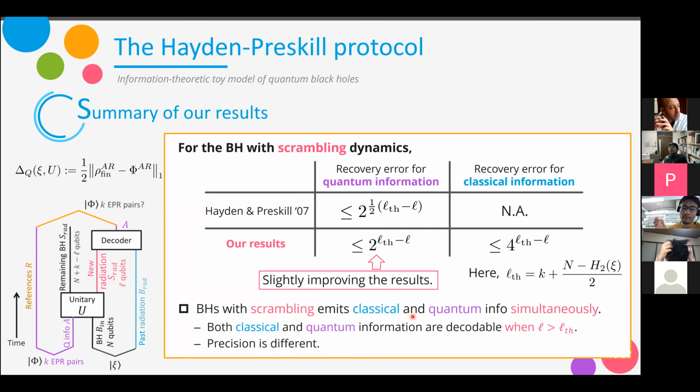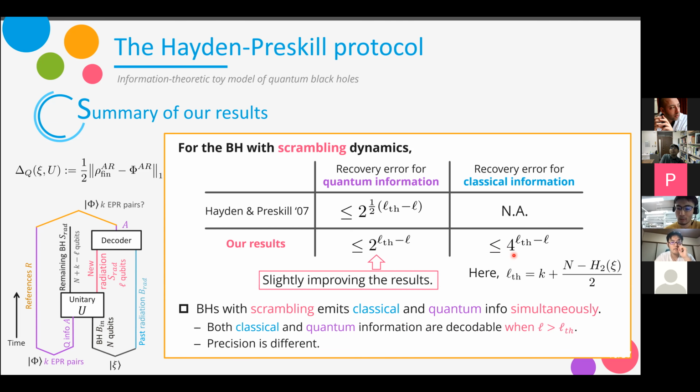So actually the difference between classical and quantum information in this protocol is not that much. They are available when the number of qubits in the new radiation exceeds this threshold value. So this is one kind of conclusion from our calculation. But maybe the difference between classical and quantum information is just how quickly the error decreases.